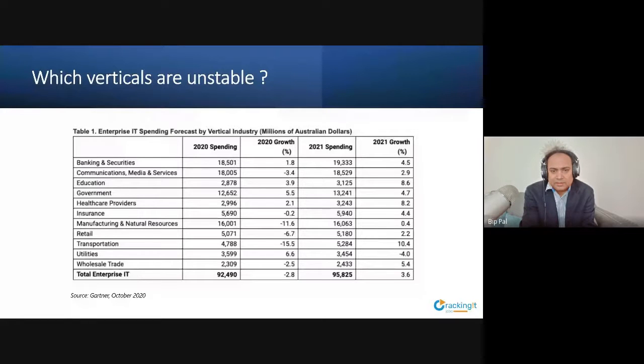You also see minus 11.6 in manufacturing. That also suffered a lot during the pandemic because they could not transport goods, so they're related. But other than these two, and then wholesale trade, if you look at all the others, IT spending has been steadily positive, in both 2020 as well as 21.